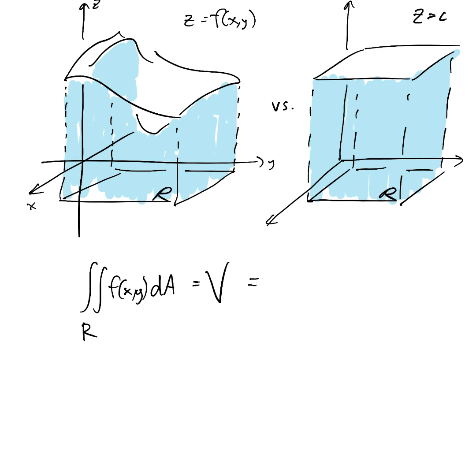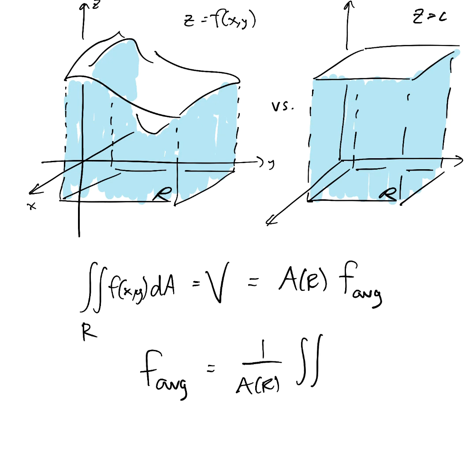On the other hand, on the right, it's nothing other than area of the base times the height, which we can call f average again if we want. Or in other words, if you wanted to compute the average height of a function, it's just 1 over area of the base times the volume.